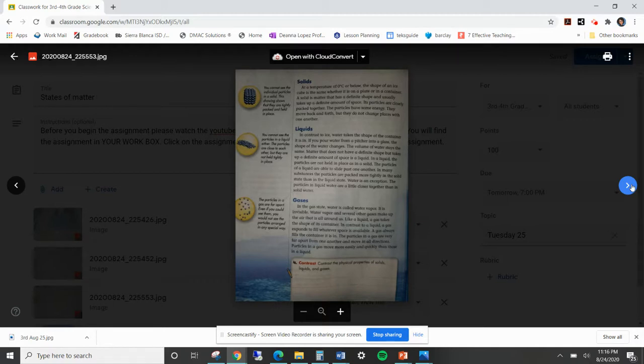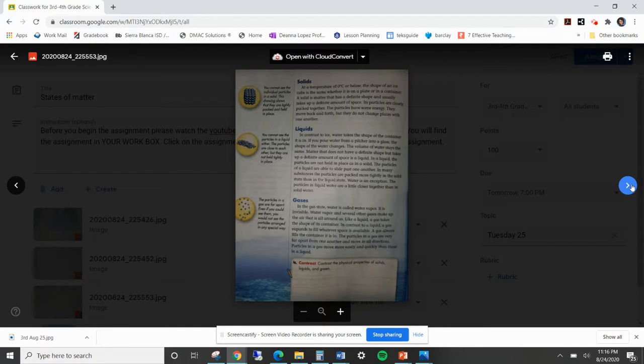In a liquid, the particles are not held in place as in a solid. The particles of a liquid are able to slide past one another. In many substances, the particles are packed more tightly in the solid state than in the liquid state. Water is an exception. The particles in liquid water are a little closer together than in solid water.